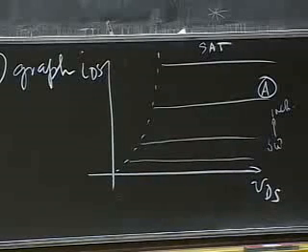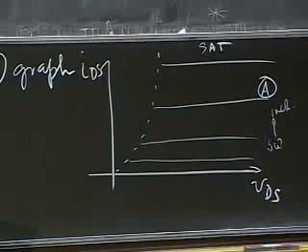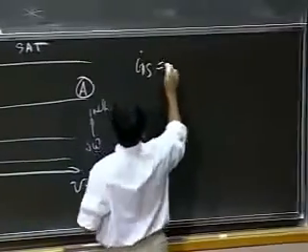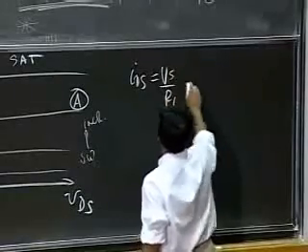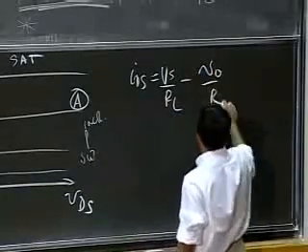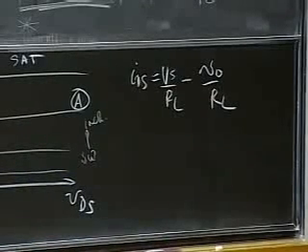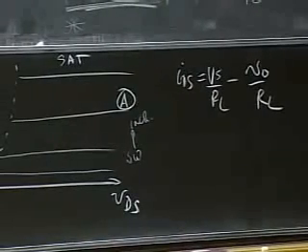Then I superimpose on top of that the expression that comes from equation B, which is IDS equals Vs divided by RL minus V naught divided by RL. That's B, and let me plot that. That is a straight line relationship between IDS and V naught.